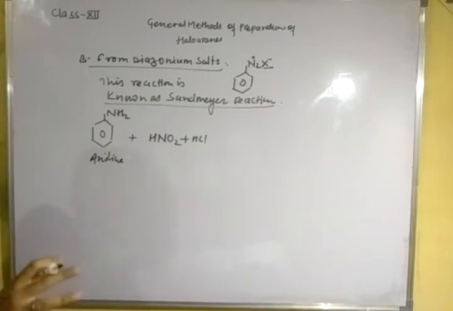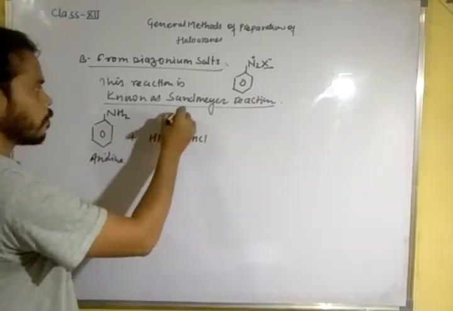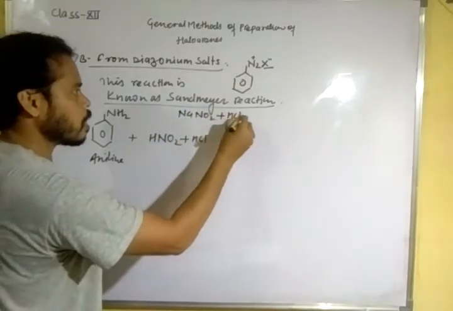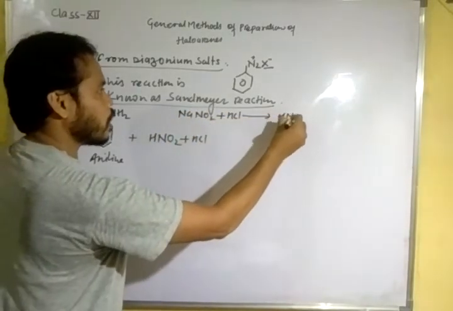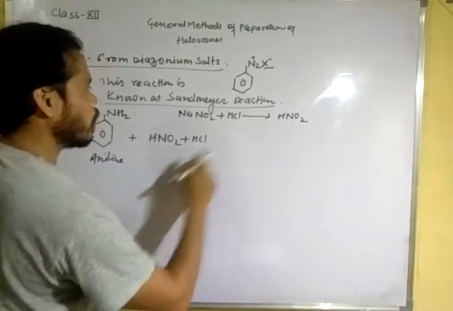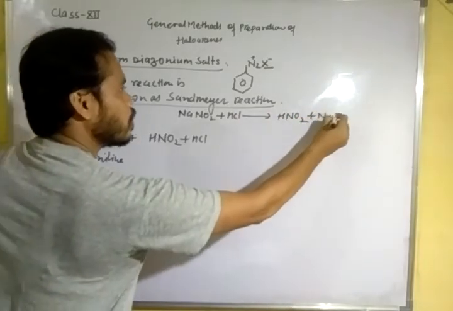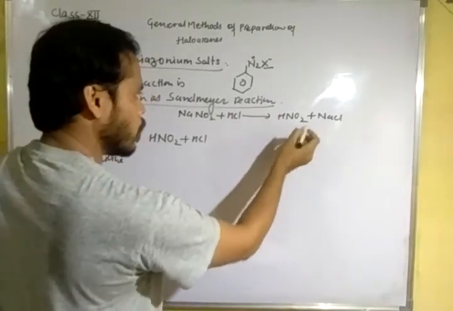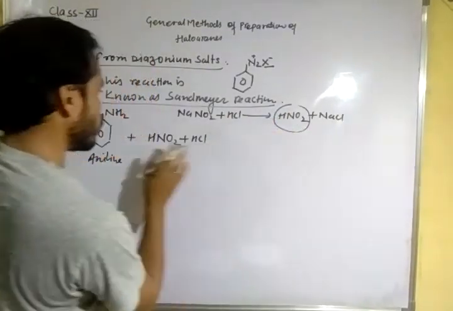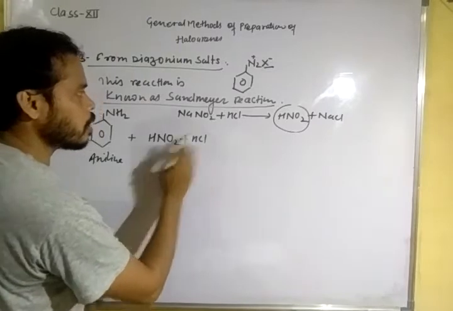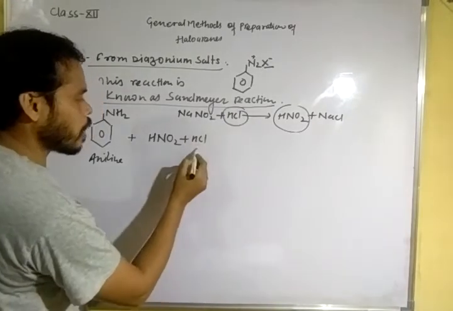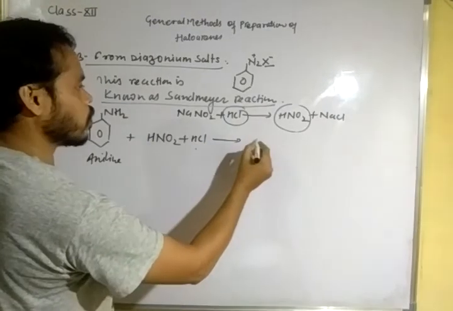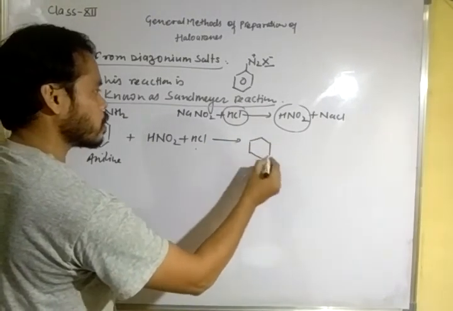First of all, when sodium nitrite is treated with HCl, it forms HNO2 and NaCl as a byproduct. In this case, when HNO2, nitrous acid, and a second molecule of HCl are treated with aniline, they form diazonium chloride like this.